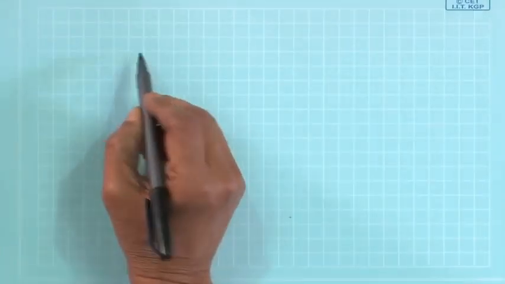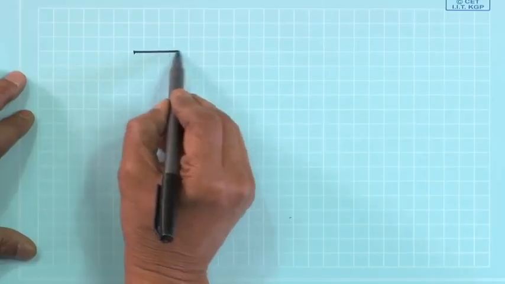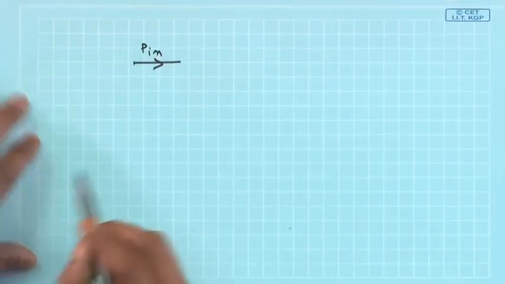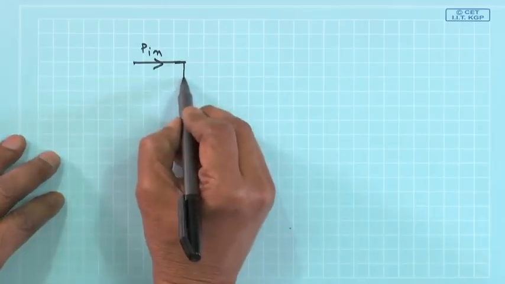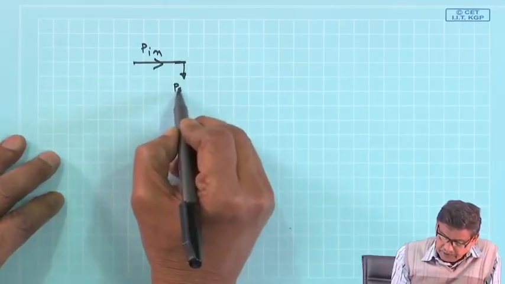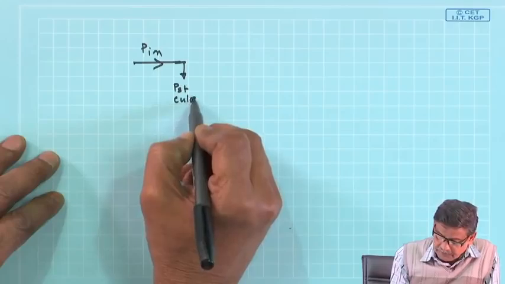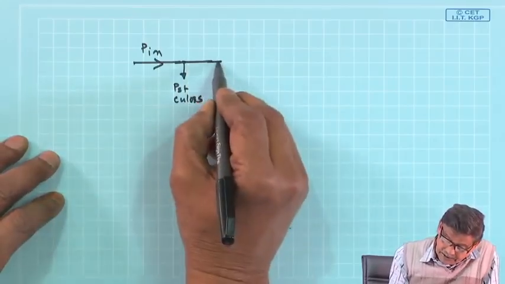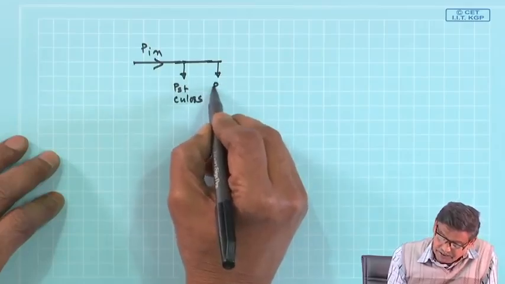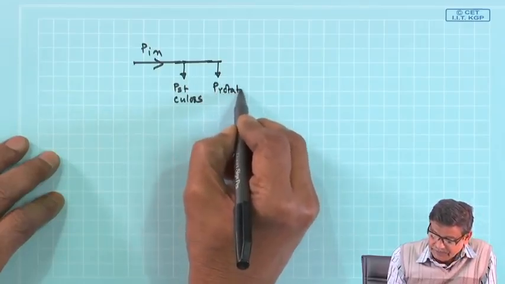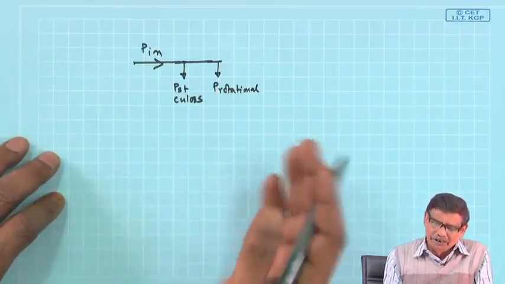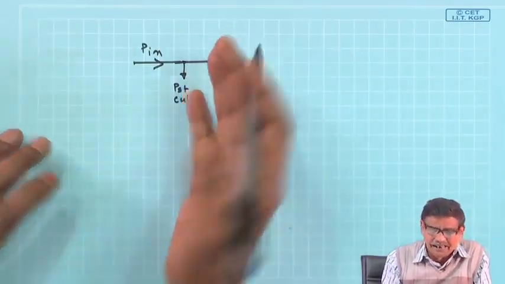So, what people do is they say okay, this is input power, and with a single line I draw P in. Stator copper loss, of course, will be there, P stator copper loss. Then you say there is rotational loss, not core loss alone. I will take rotational loss right at the input.